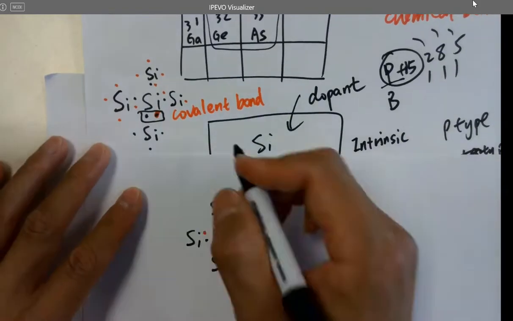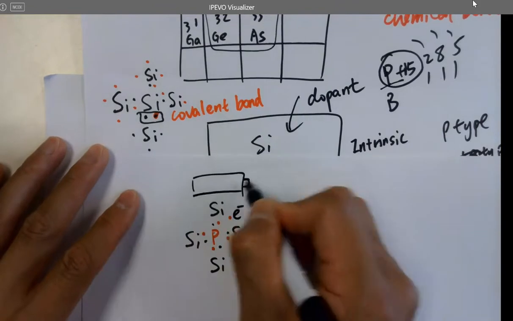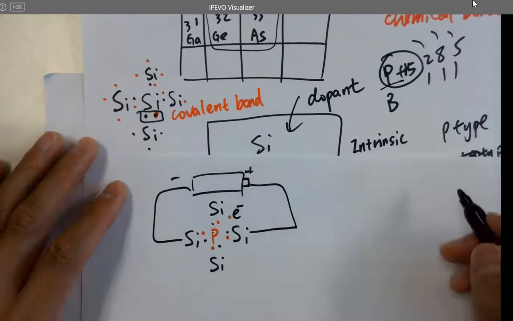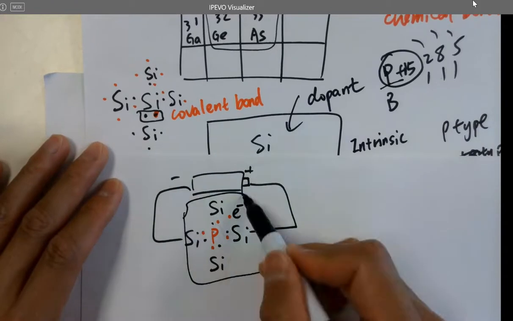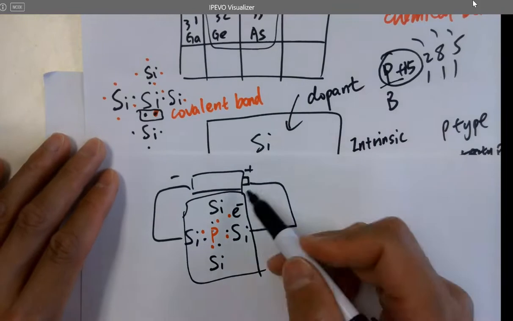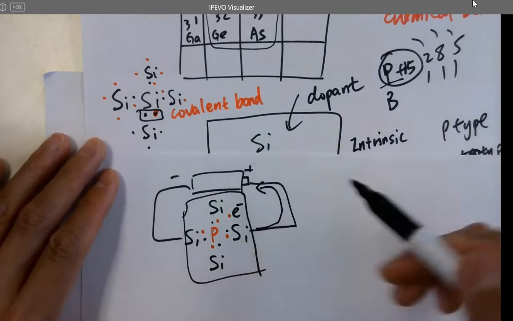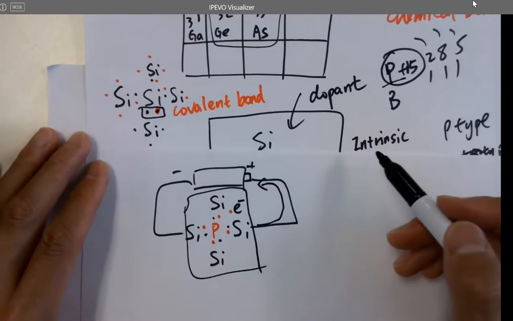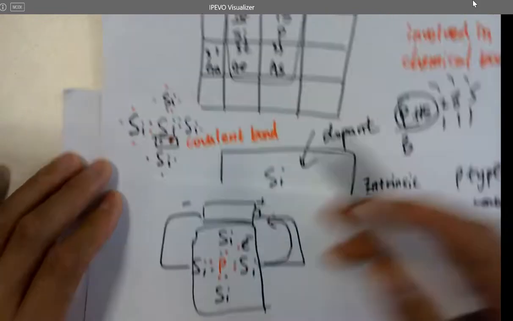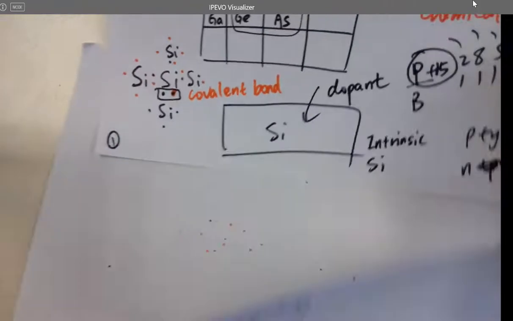So you have a battery, plus minus, connected to this chunk of material, a semiconductor. Some electrons are going to flow to the anode. That's why it's called a semiconductor. It's not super conductive compared to copper, but has a higher conductivity compared to glass.